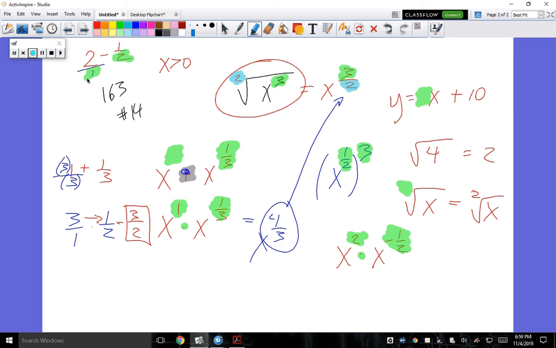So I need to multiply the first one by a form of 1, which is what? 2 over 2. Yep, 2 over 2. Because now I have 2, and it's common with that. What's the numerator right here? 4. So I have 4 over 2 minus 1/2. What does that give me? 3 over 2. So the answer is C.